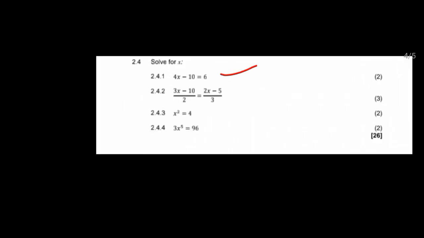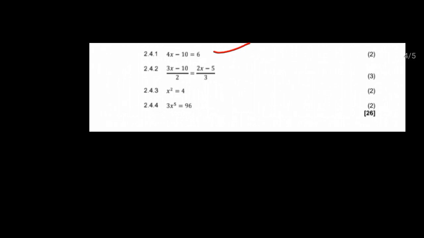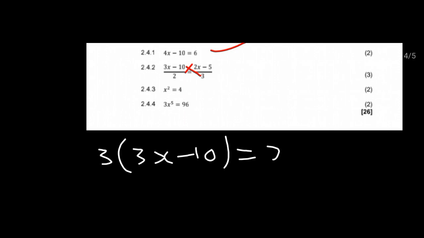The next one, 2.4.2: 3x minus 10 over 2 is equal to 2x minus 5 over 3. This is cross multiplication, as you can see, we have fractions. So you're going to cross multiply very simply, because we have a fraction on the left and a fraction on the right. So 3 multiplied by 3x minus 10, then equal to 2 multiplied by 2x minus 5.